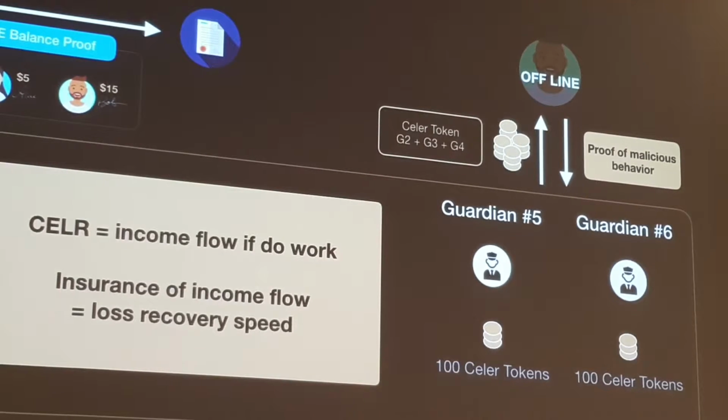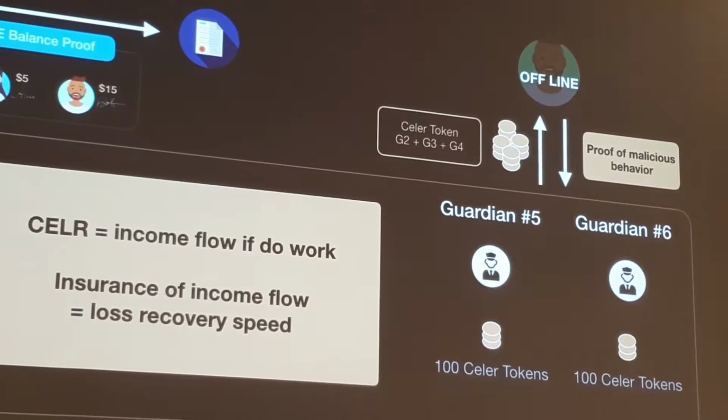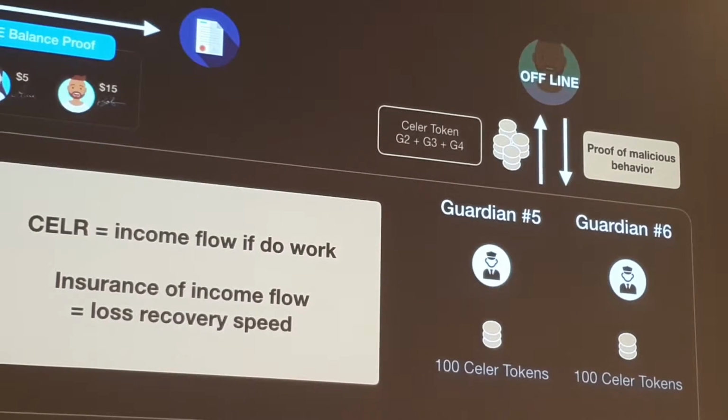And basically the potential loss will be recovered faster, because Bob can stake his own Cedar tokens into the system and start receiving income flow as well. So now it creates an insurance not against a certain hard and fixed number, it creates an insurance against a certain kind of income flow. And how each individual evaluates or values the income flow can be drastically different. And that opens up very, very flexible market dynamics here.